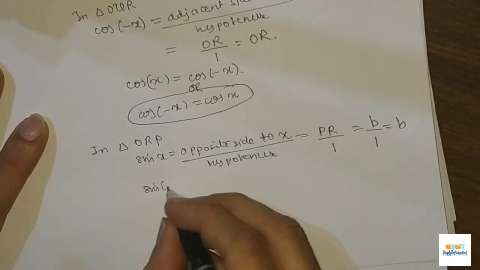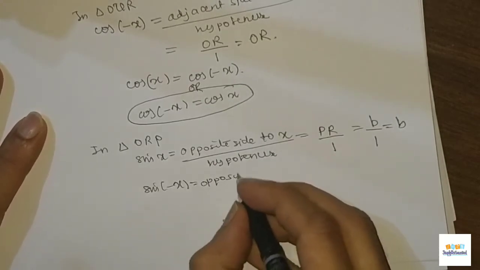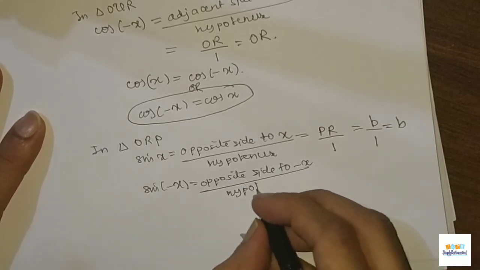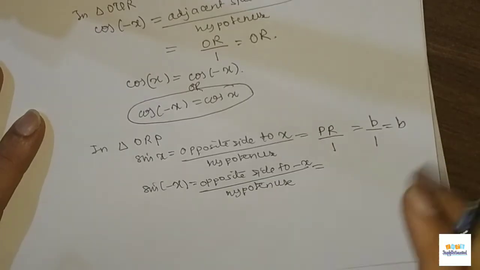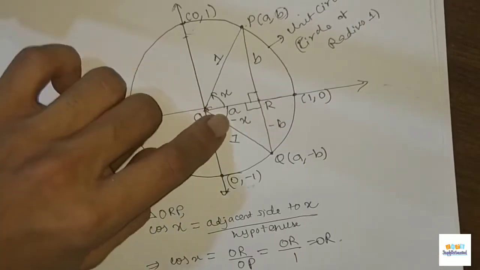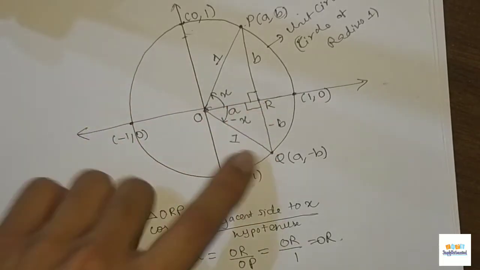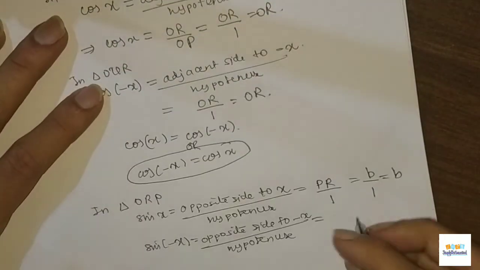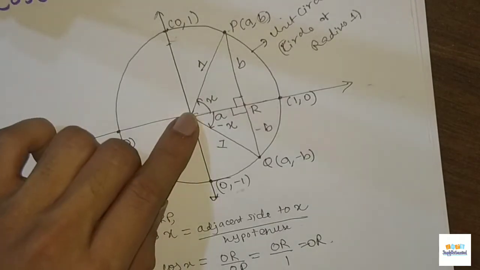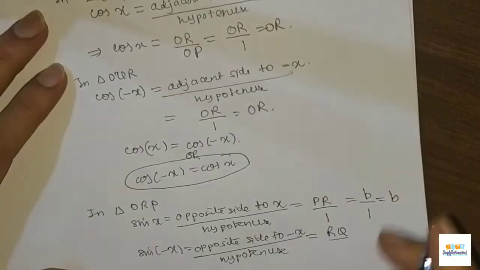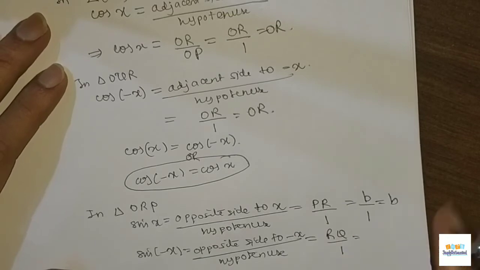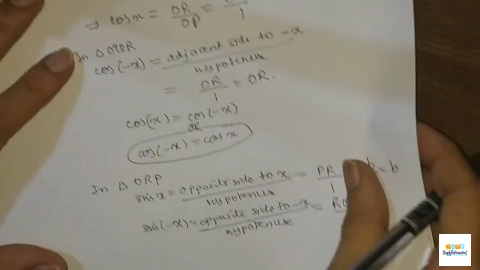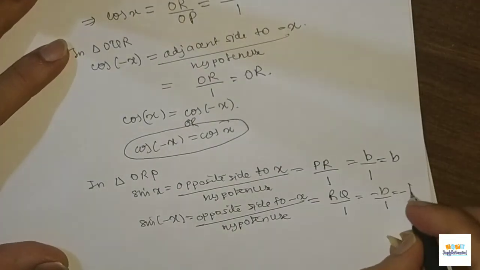Now if we look at sin of minus x, that is the opposite side to minus x divided by the hypotenuse. The side opposite to minus x is RQ, divided by the hypotenuse, which is 1 here. RQ is minus b, so minus b divided by 1 is minus b.